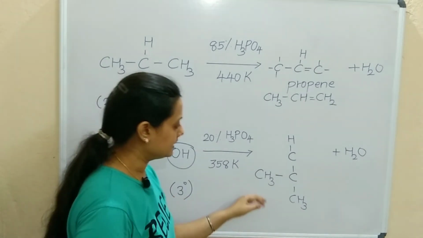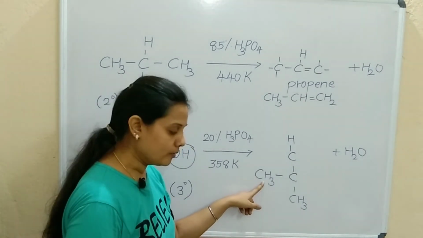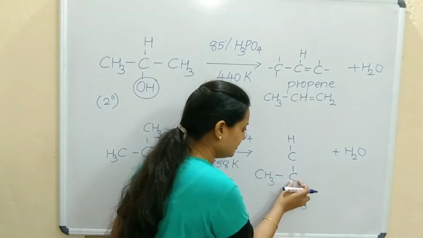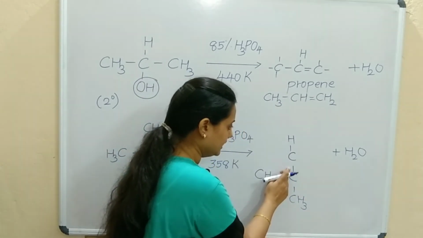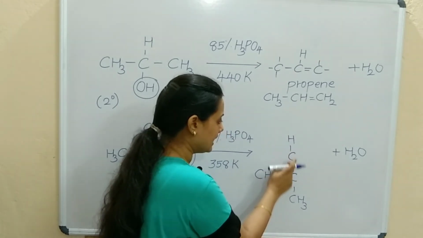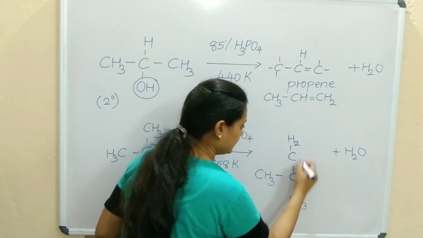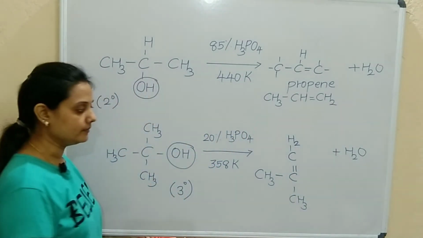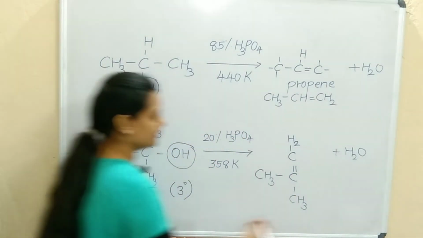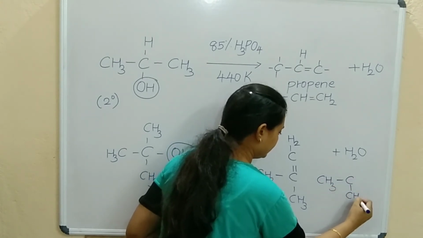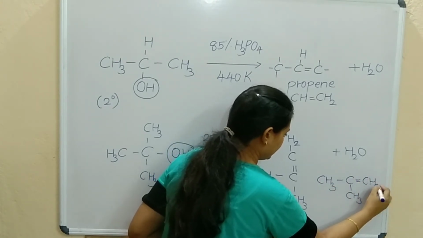This carbon is making 4 bonds, done. This carbon is making 4 bonds, valency over. This carbon is making 1, 2, 3 bonds. This carbon is making 1, 2 bonds. So here it will be a double bond. Written together, you get CH3, C, CH3, double bond, CH2.